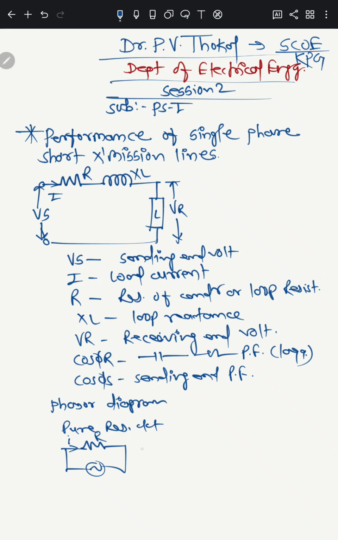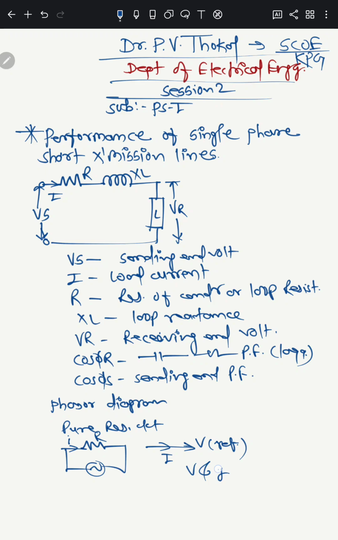Considering the voltage as the reference voltage, the phasor diagram can be shown like this.